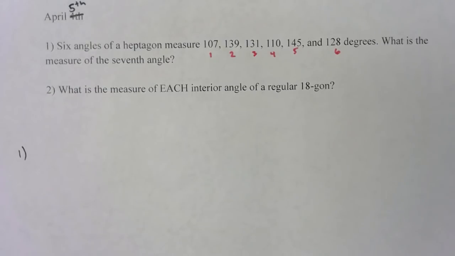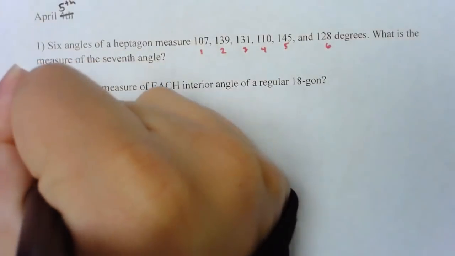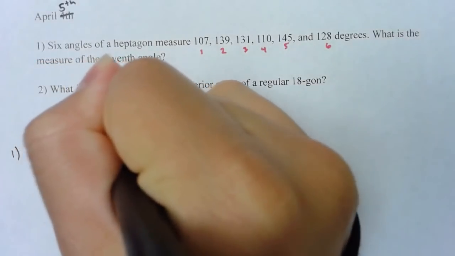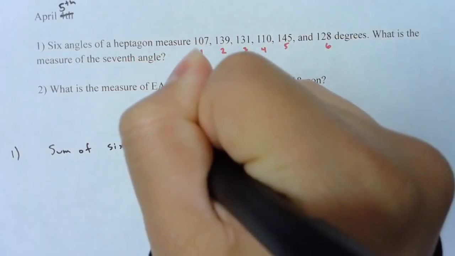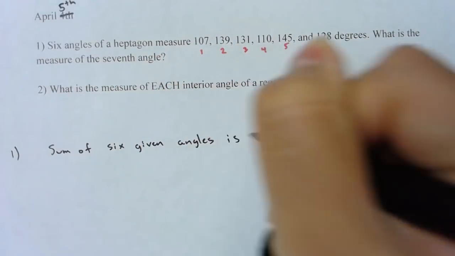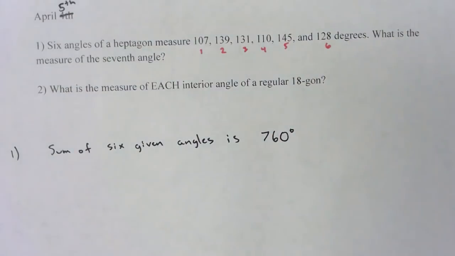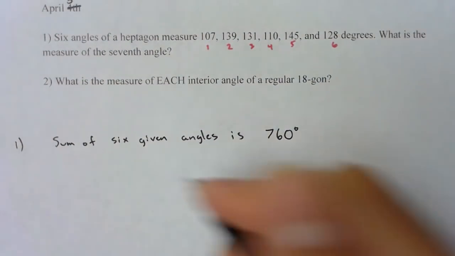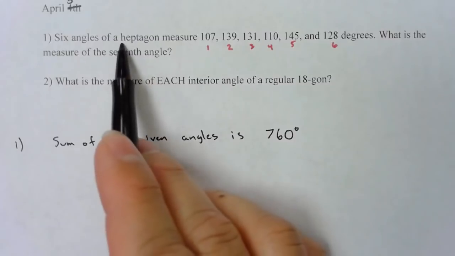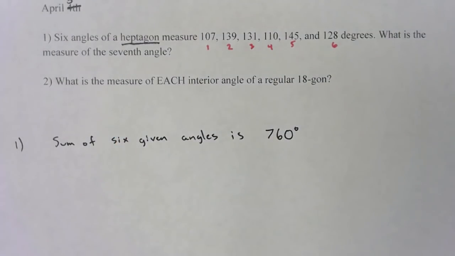So add 107 plus 139 plus 131 plus 110 plus 145 plus 128. So the sum of the 6 given angles is 760 degrees, and then we know that the sum of the interior angles of a heptagon is 7 sides, so we have 900 degrees.